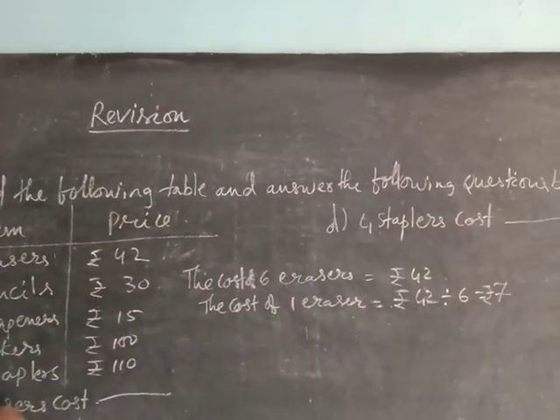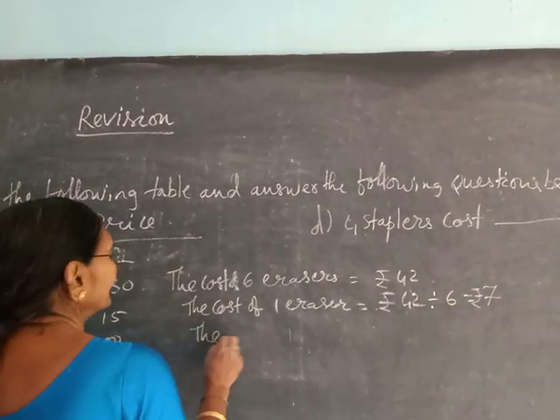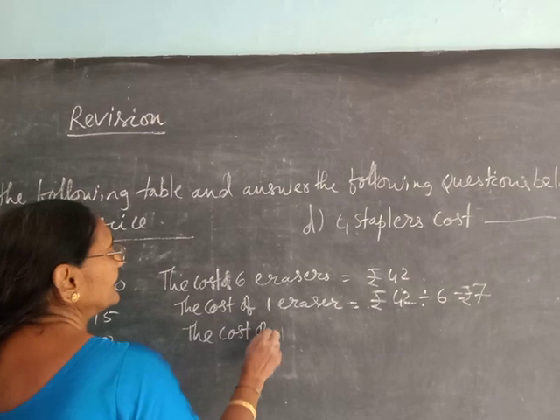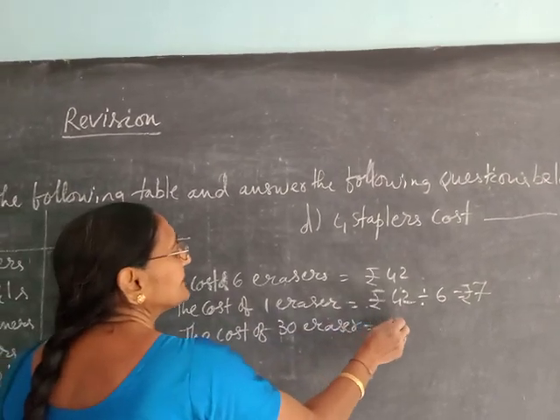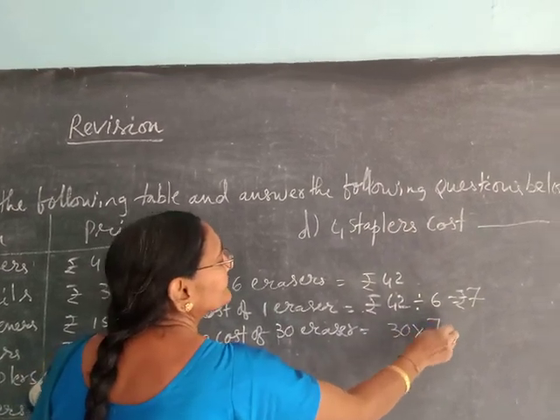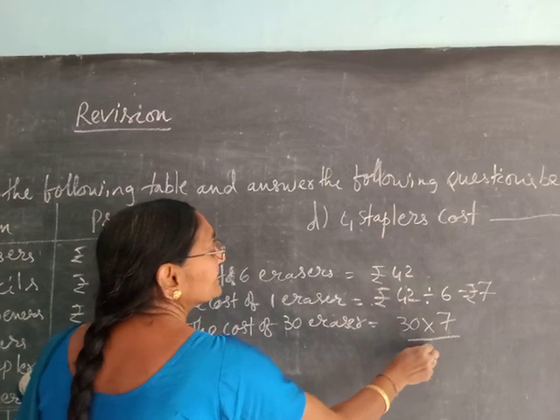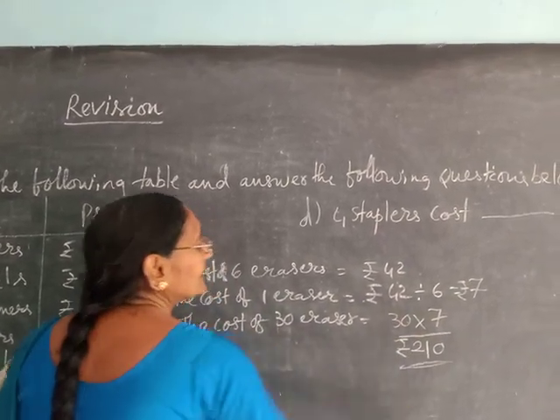Then here we have the cost of 30 erasers. You have to find the cost of 30 erasers. Say 30 into 7. 7 3s are 21. 0 you have to put. It is 210 rupees.